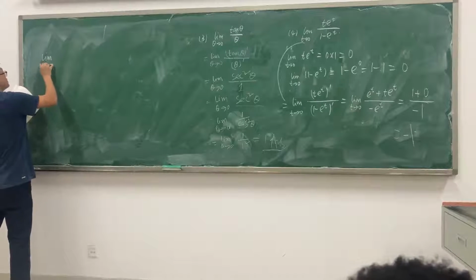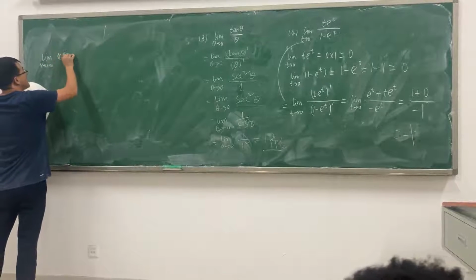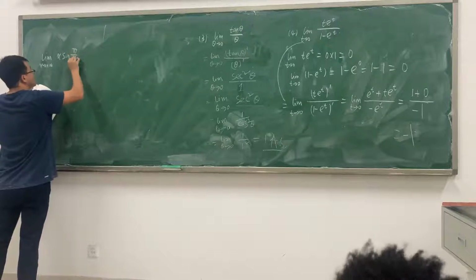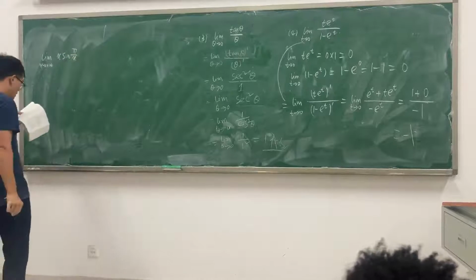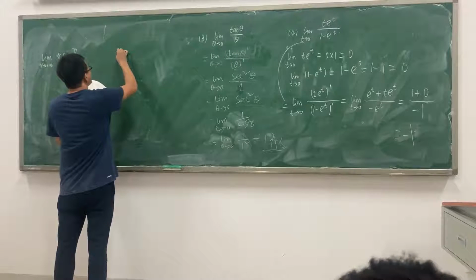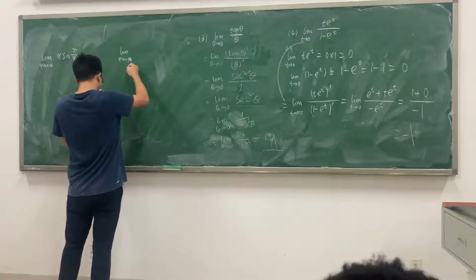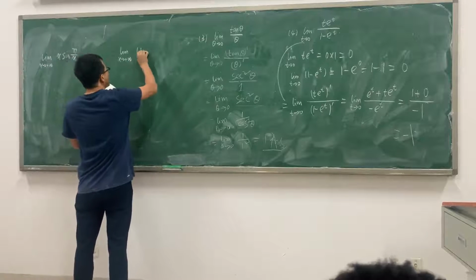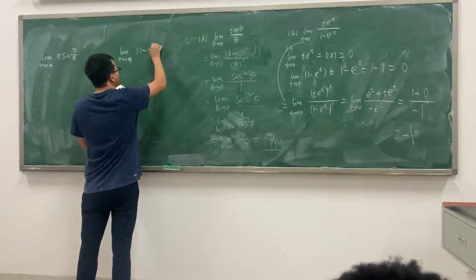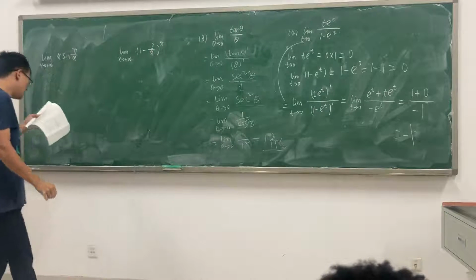Limit as x approaches plus infinity of x times sin(pi divided by x). This is the first one. The second one is the limit as x approaches plus infinity of (1 minus 3 by x) to the power x.